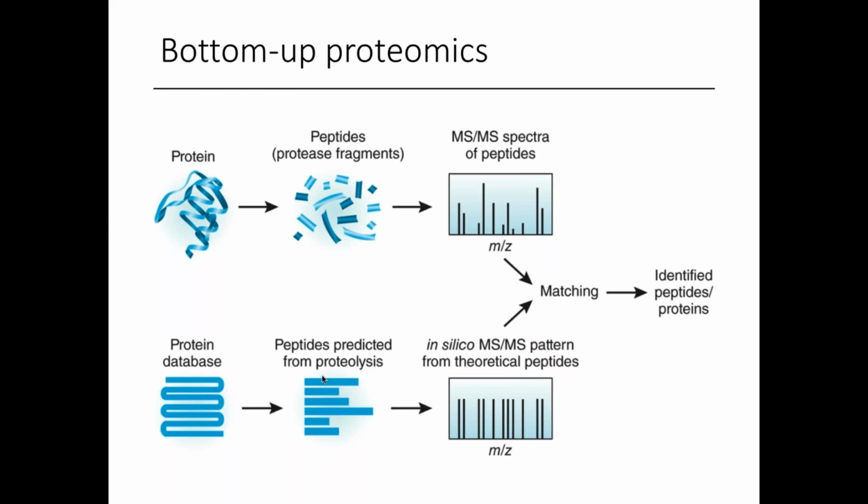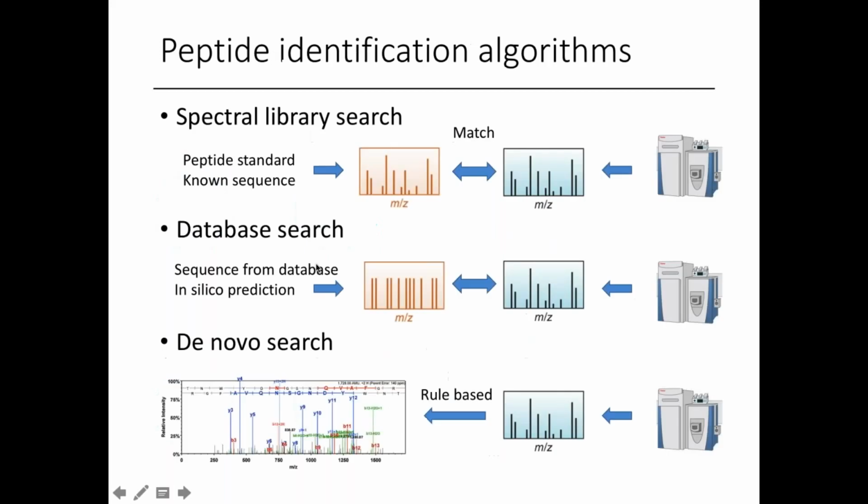Then using an in silico fragmentation algorithm, we can generate the theoretical peptide patterns, a theoretical spectrum. Then we try to match the theoretical spectrum to the actual spectrum, and when we find a match, we know the sequence. This is how it works in bottom-up proteomics.